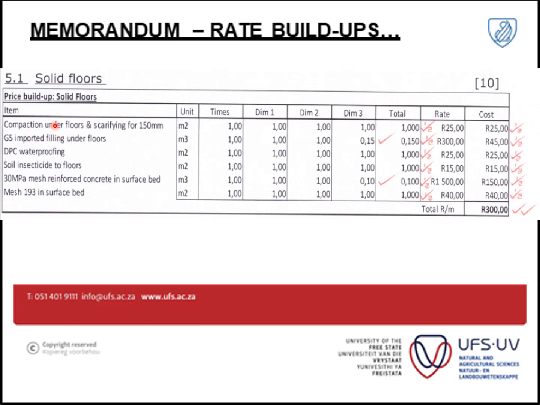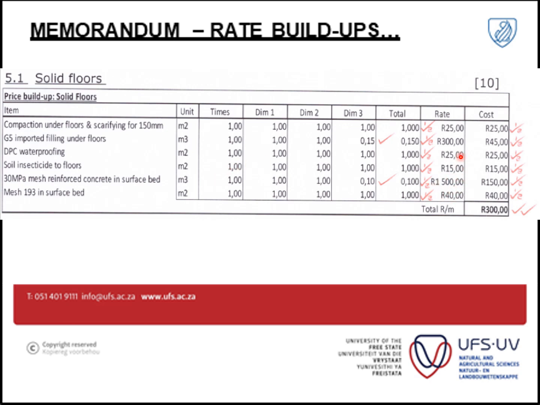So we've got the compaction underneath the floors, our G5 material imported, our DPC, soil insecticide to the floor, our 30 MPa concrete, and then we've got our mesh reinforcement. Here you can see I've added the units that it is usually measured in, but we're converting it into a per square meter rate. Okay, so very straightforward.